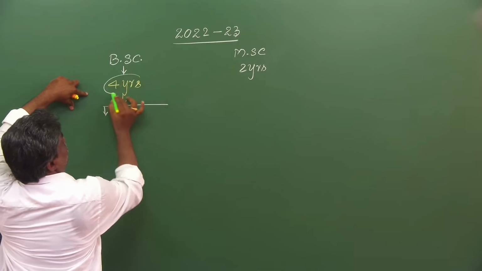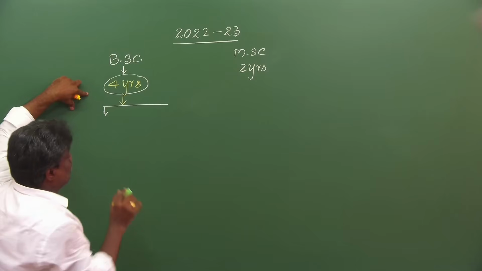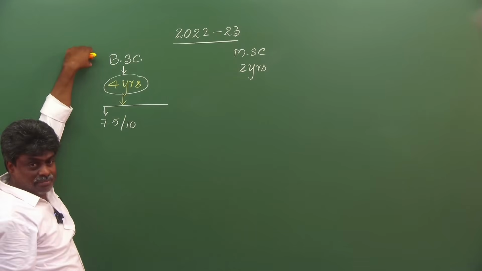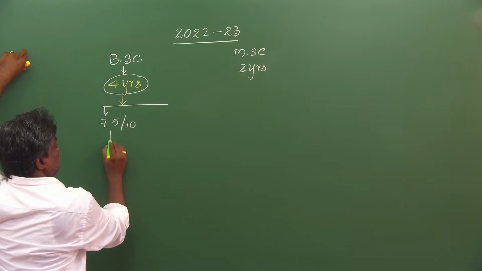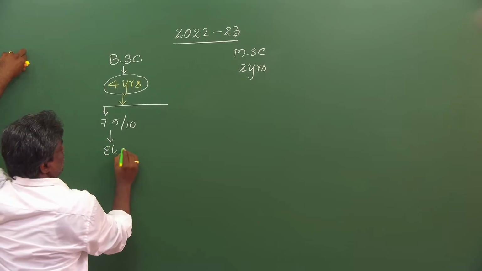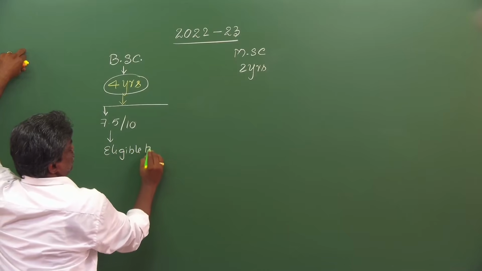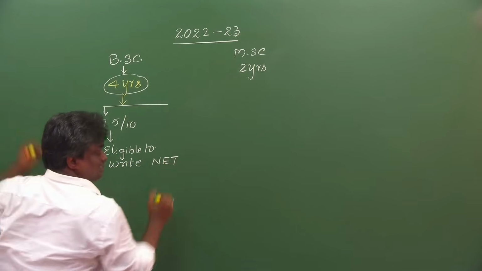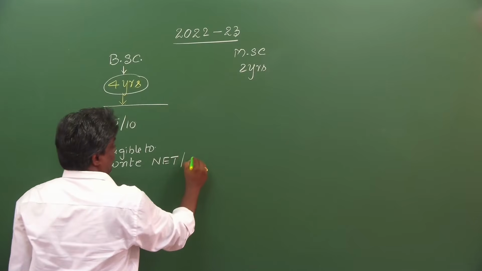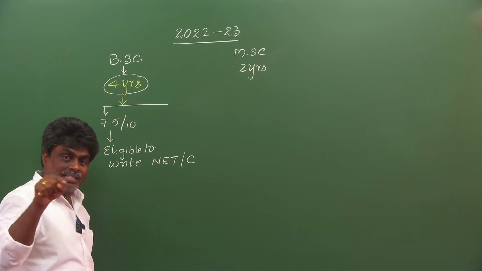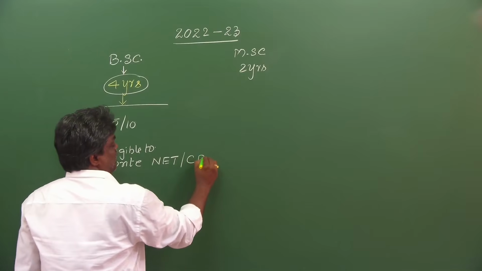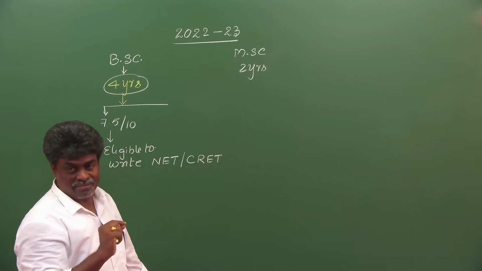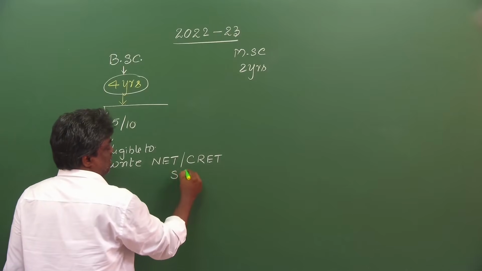Those who have done the 4 years course successfully with 7.5 out of 10 CGPA, all these people are eligible to write a nationwide exam, NET, or a common research entrance test conducted by all the universities, or a state level SET exam.